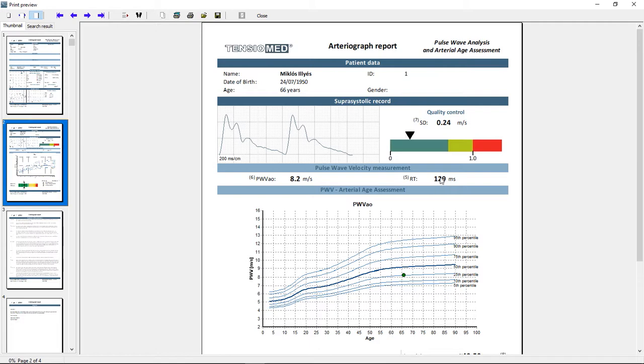So if we divide this time by 2, we get one way. Consequently, we get the time of the pressure wave propagation in the aortic part. Then, if we give the distance, which is the aortic true length based on the height, we can calculate and measure the aortic pulse velocity in meter per second.